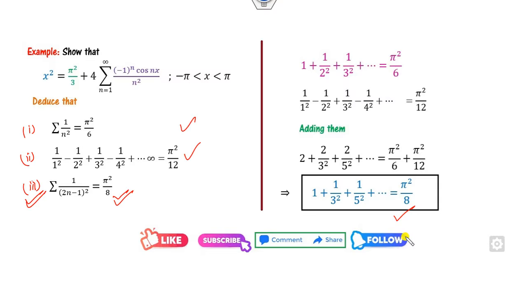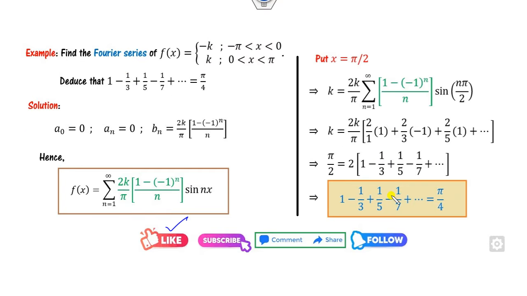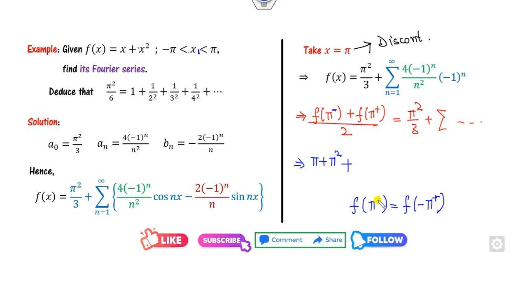Because of the periodic function, f of pi positive is the same as f of minus pi positive. Fine, because f is my periodic function. In the last example where there was this kind of question, I think I have written it is f positive, but it's a negative.